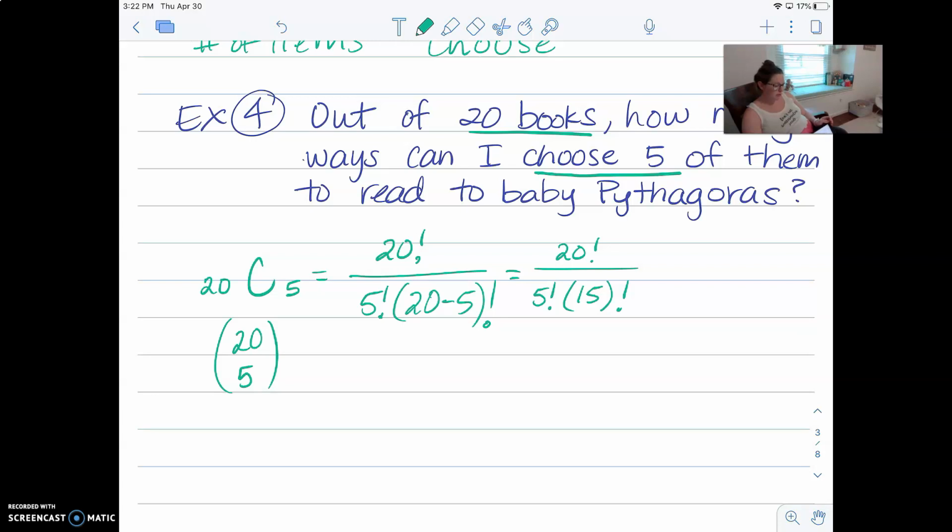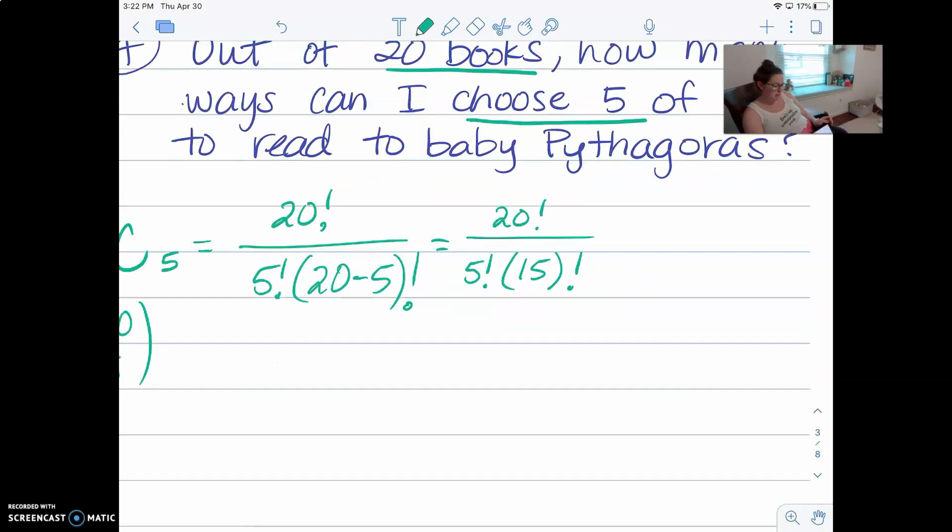So what this actually means is, if I write this as 20 times 19 times 18 times 17 times 16, but then instead of continuing on with 15, 14, 13, I'm just going to write 15 factorial. So 20 factorial is the same as all of this right here.